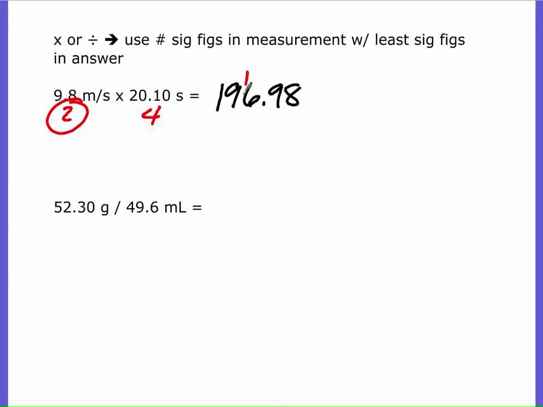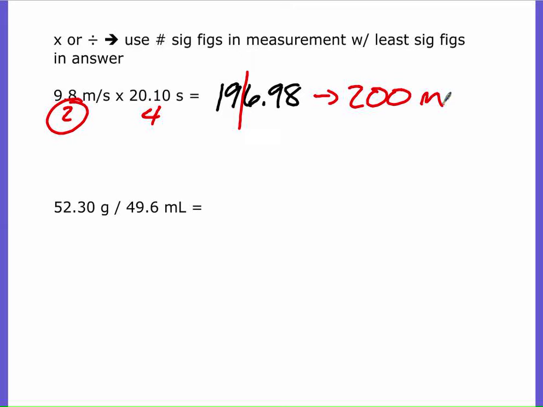So I'm going to need to round this number, and that's going to turn into 200. And I should have a unit to go with that. Since the seconds cancel, I just have meters. But I run into a problem here. I'm supposed to have 2 sig figs in my answer, but 200 does not have 2 sig figs.